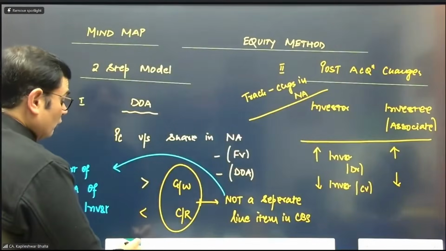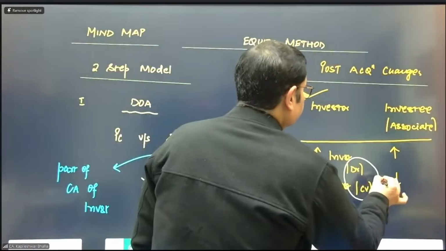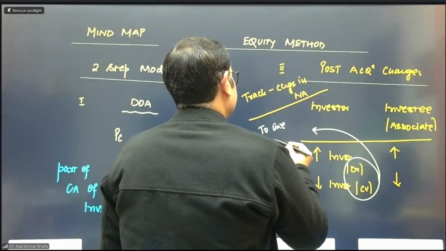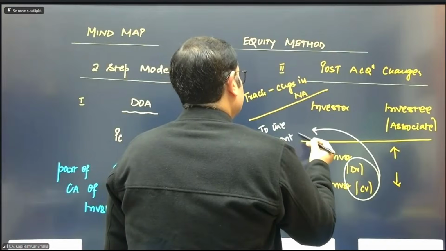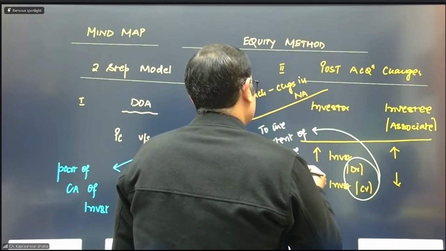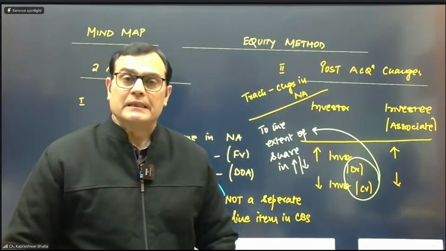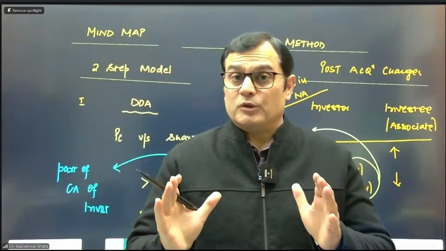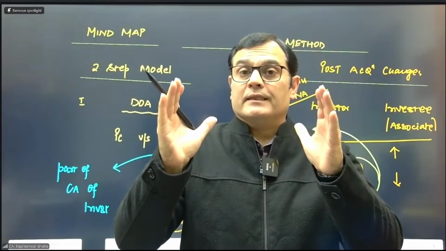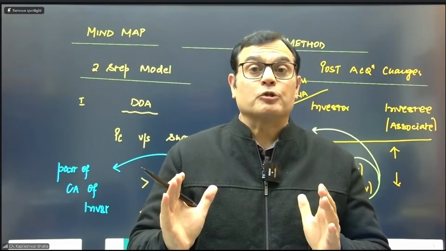But this debit or credit to the investment is to the extent of share. It is to the extent of share in the increase or decrease, as the case may be. So if the net assets of the associate go up, I'll calculate my share, investment debit. If the net assets go down, I'll calculate my share, investment gets a credit.